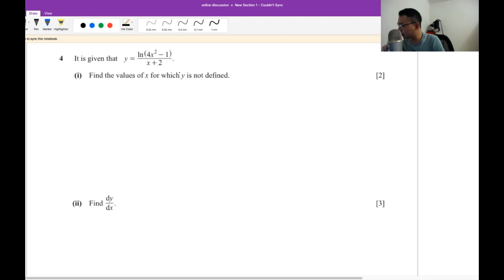When x equals negative 2, you will get undefined. But 2 marks, I believe should have more answers than that. Let me think about that.